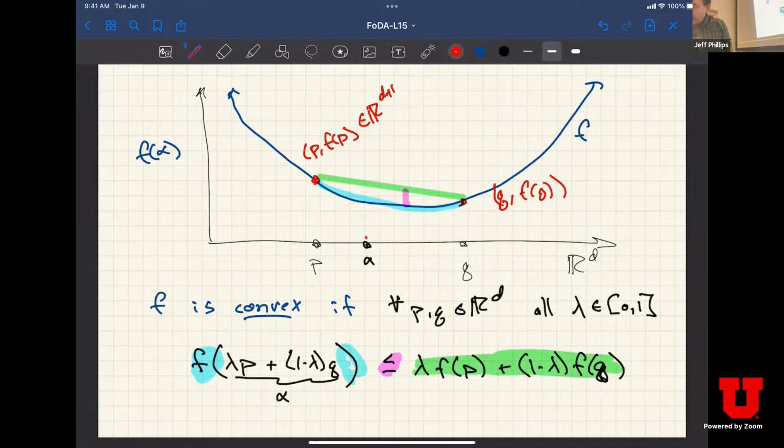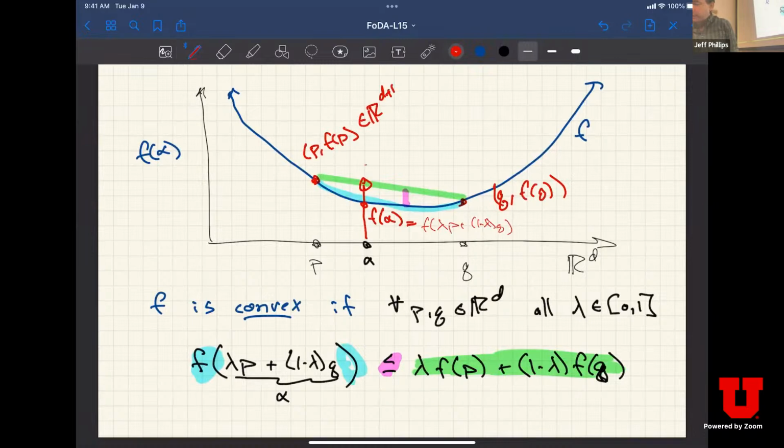I can look at the function value at alpha, and I can look at the interpolating value. Remember, this is f of lambda p plus 1 minus lambda q.